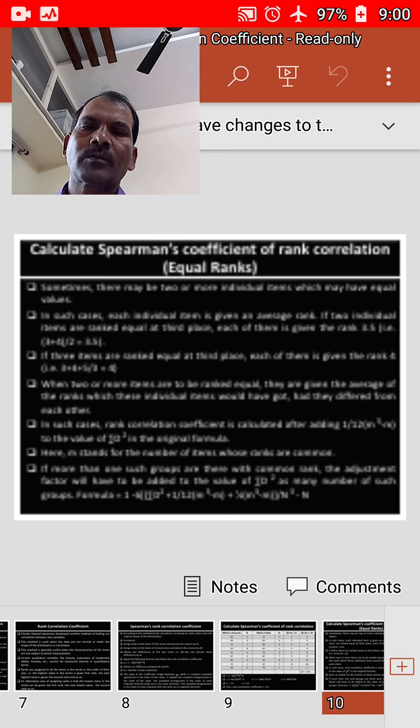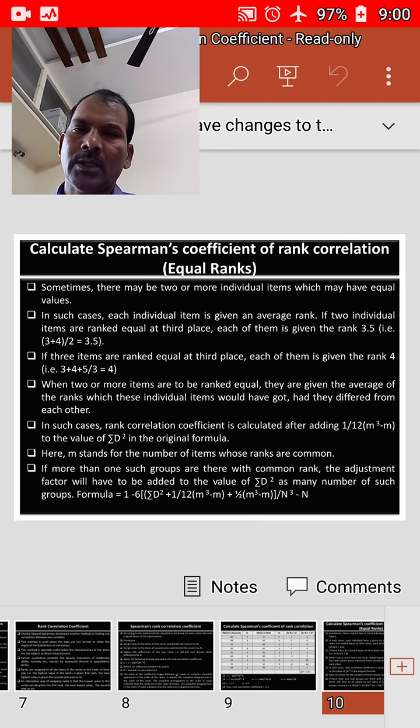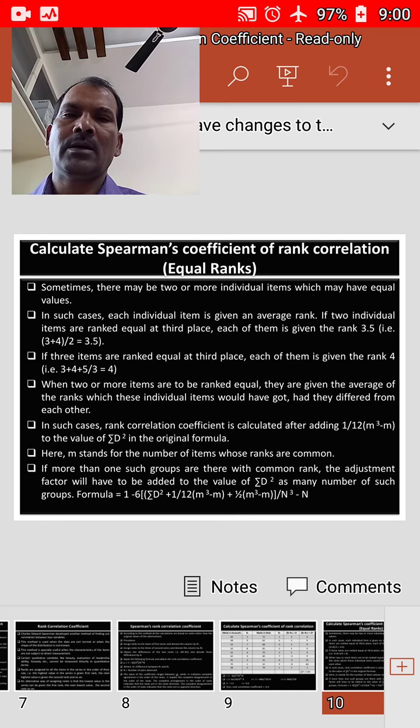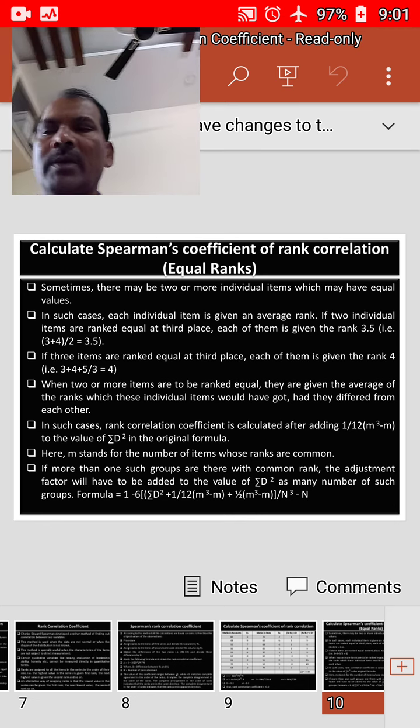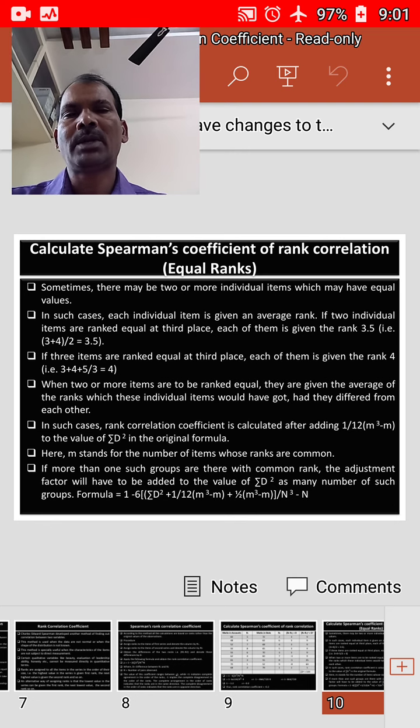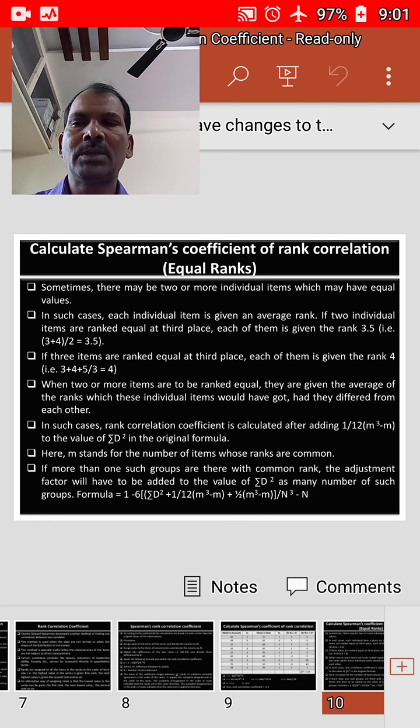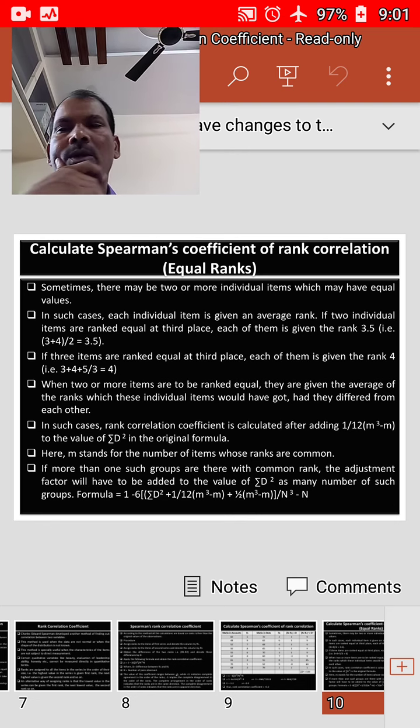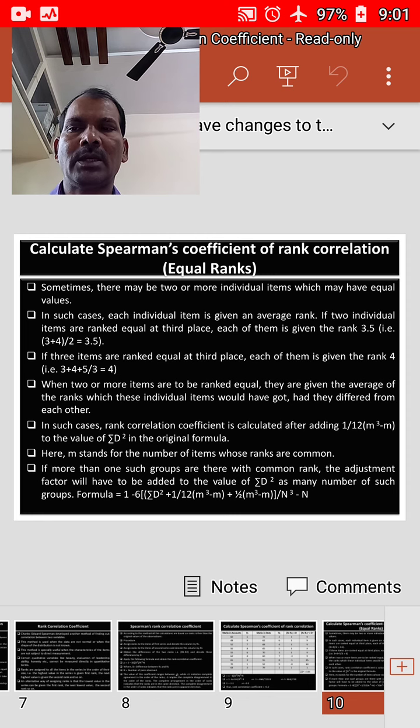Next, we'll see when equal ranks are given, how could we calculate the rank correlation. Sometimes there may be 2 or more individual items which may have equal values. In such cases, each individual item is given an average rank.